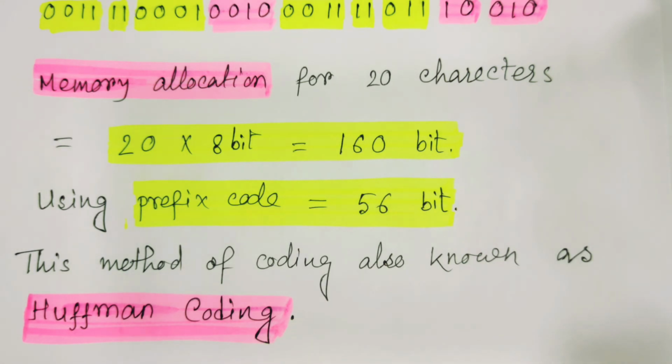And if we use a higher order tree, suppose a 3-ary tree or a 4-ary tree, then for those the memory allocation will be much more minimized. So I am giving you the 3-ary tree, so that you can understand how we fit this prefix code to the higher order trees.